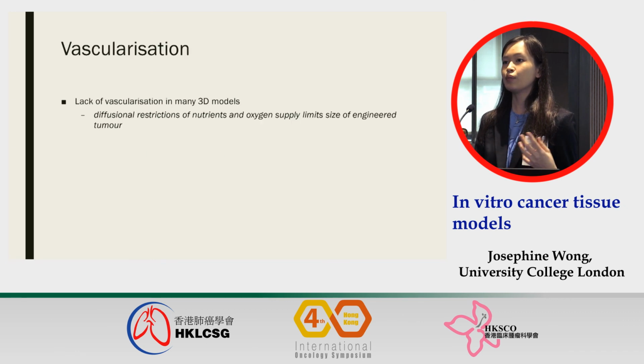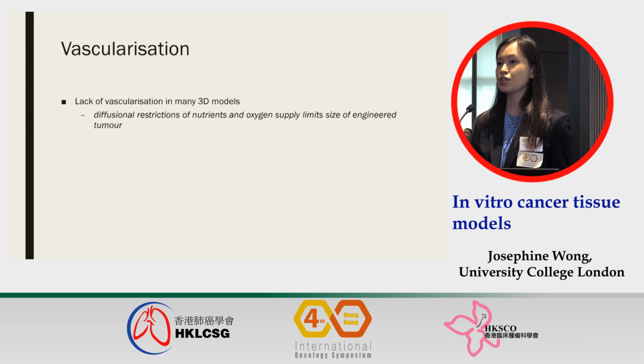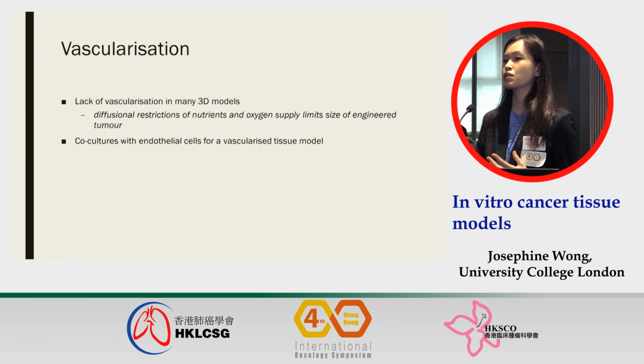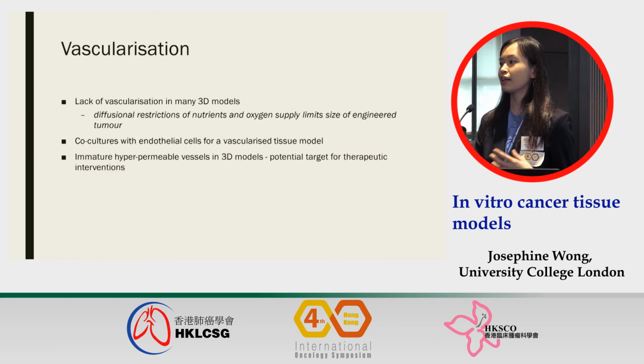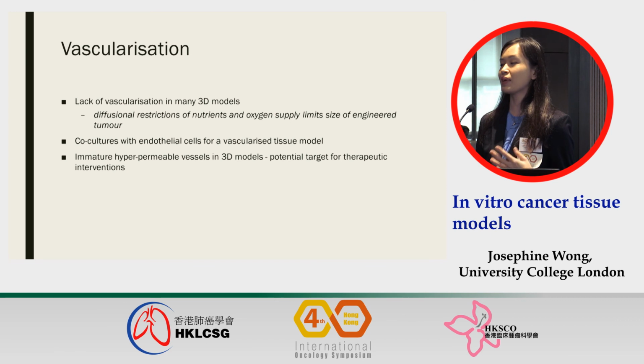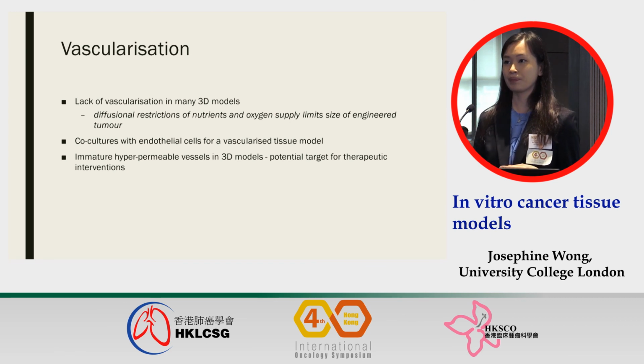And then other factors that can be studied are vascularization of the model, which is usually quite difficult to study in 2D. But in 3D models, you could co-culture endothelial cells in the model, and they will generate a vascularized matrix in hypoxic conditions.